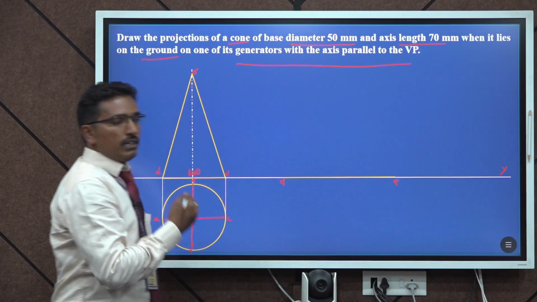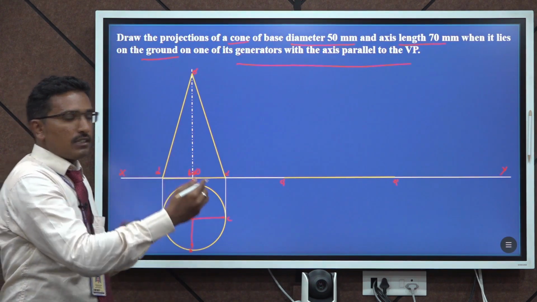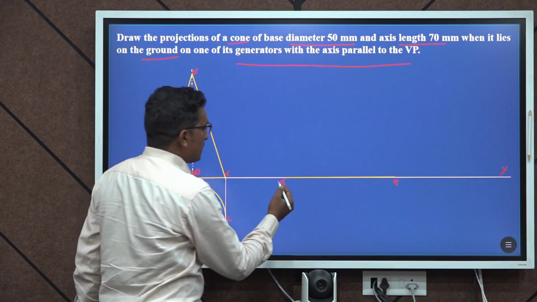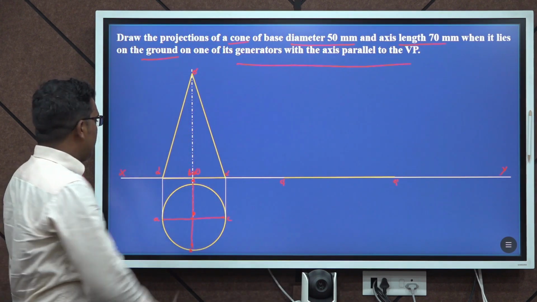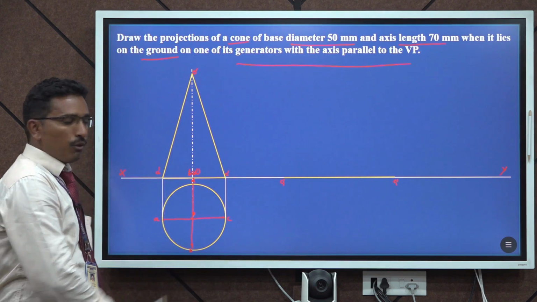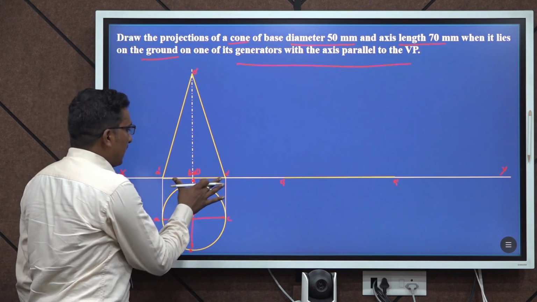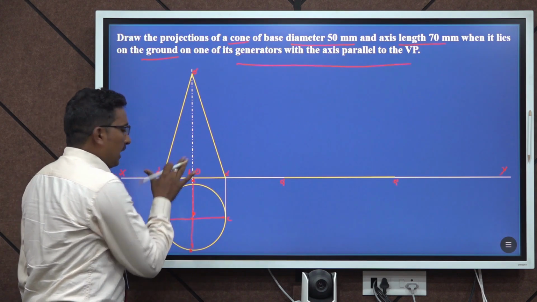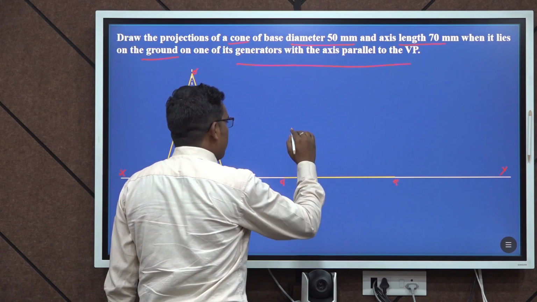The position of the triangle has been changed. That's why I am renaming it as C1 dash, O1 dash. Now I am going to locate A1 dash. For this purpose, we have to measure the dimension from C dash to A dash using a compass, and then make an arc from here.